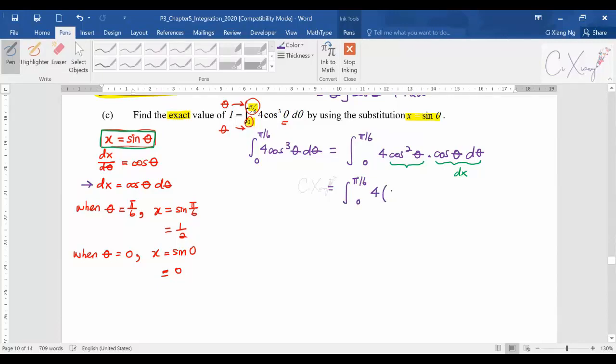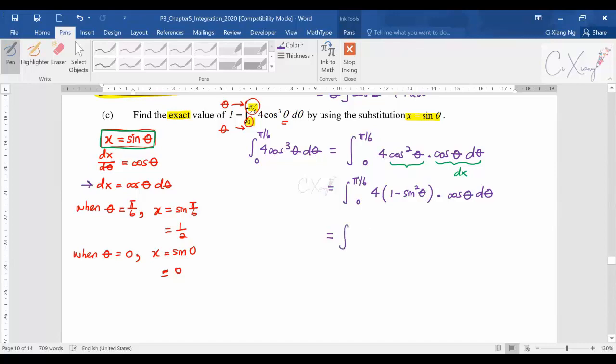So again, I will change it to 1 minus sine square theta, then multiply with cos theta d theta. I do this because I can substitute sine square theta by x later. Alright, so everything is clear now.